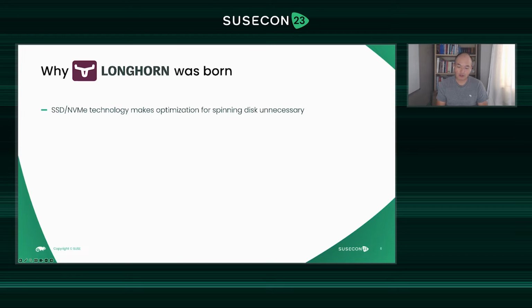The traditional storage system needed to really care about the cache system, and about writing data sequentially so as not to jump from one location to another, because the seek time on a spinning disk is very long. Those optimizations have been made obsolete by SSD and NVMe technologies.